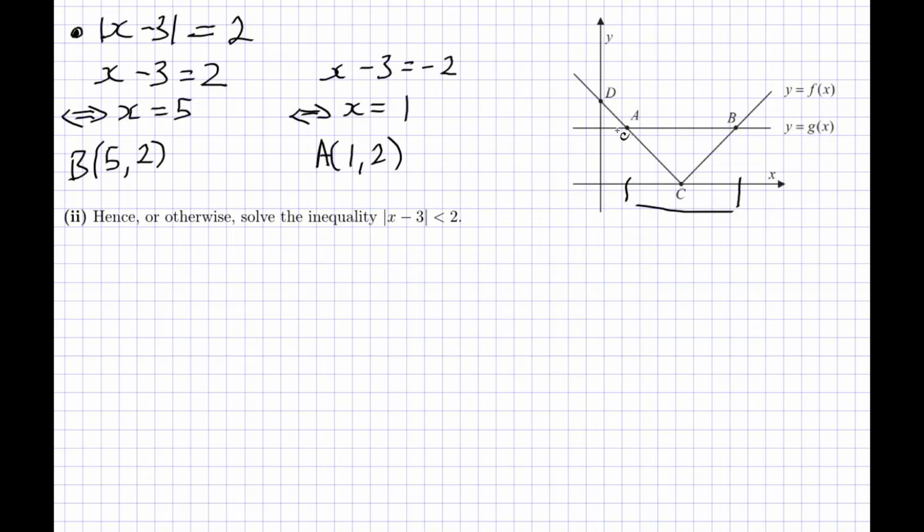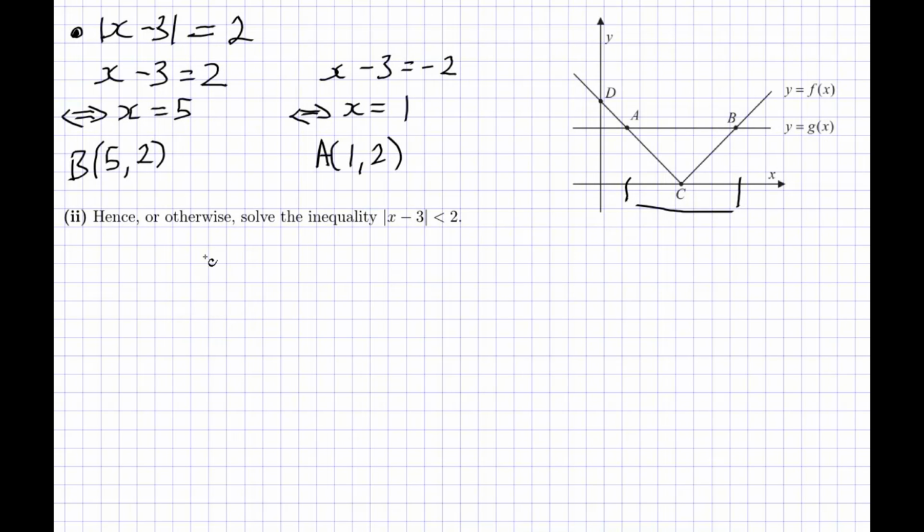We know that everywhere to the left of A, the function f is going to be greater than 2, because you can see it's increasing. And everywhere to the right of B, f is going to be greater than 2, because again you can see it's increasing. And we know that at A and B, f is exactly equal to 2. So the only other place that we have to look at is in between A and B.